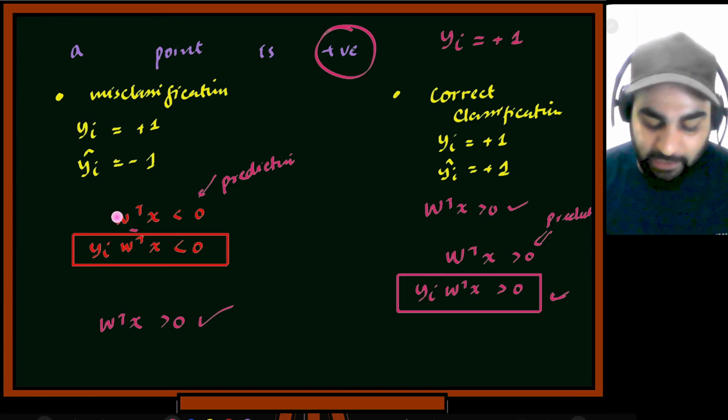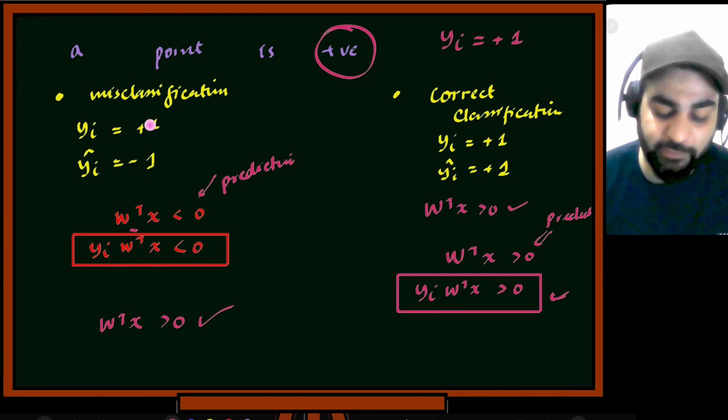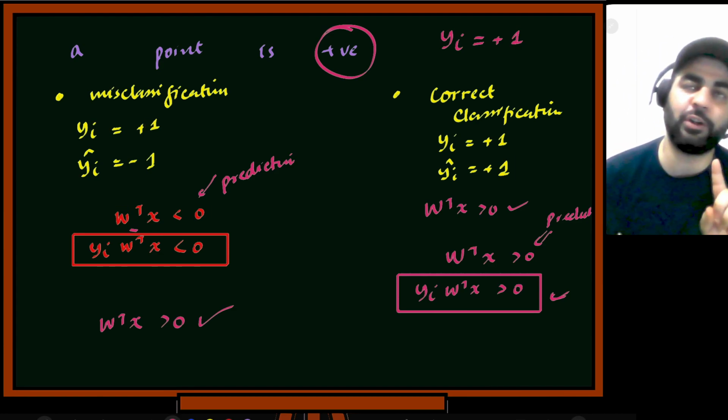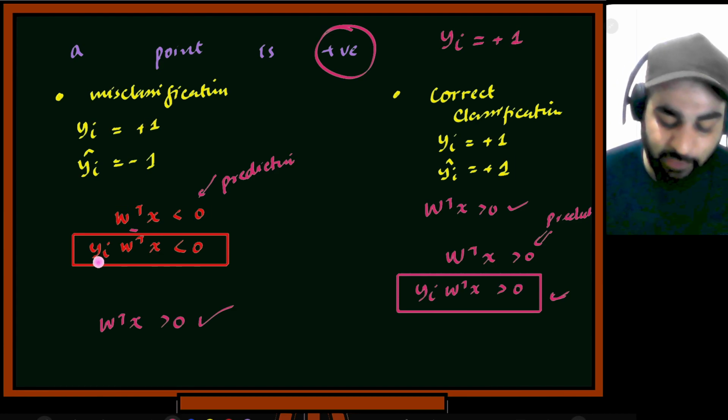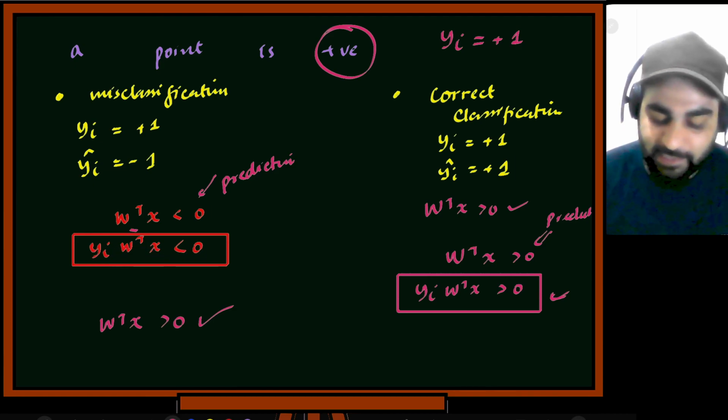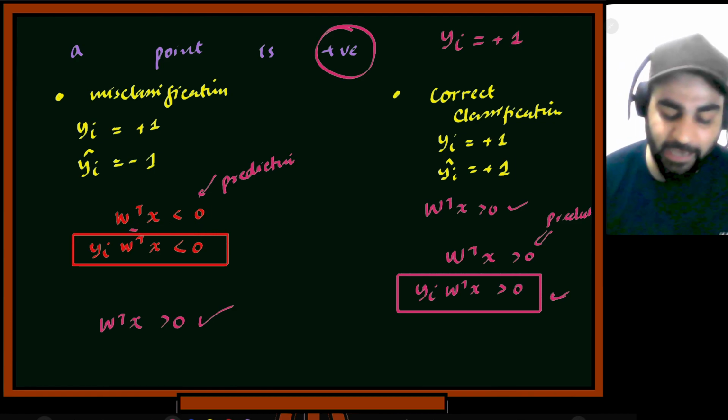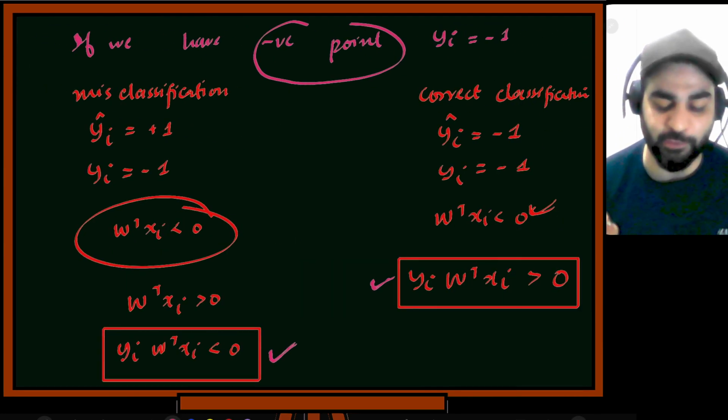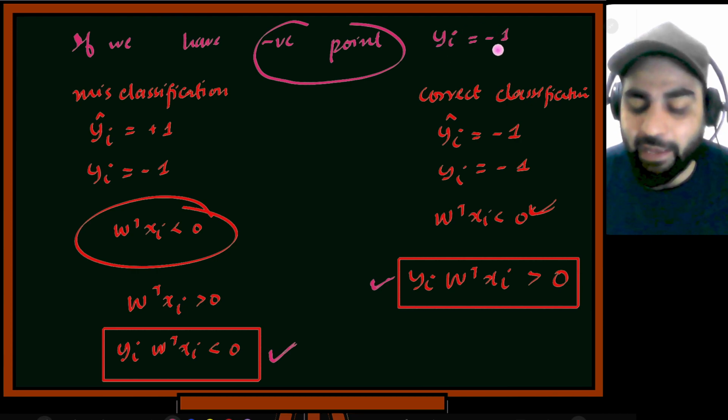So this is our negative quantity, and then we have the positive quantity. If you multiply a positive quantity and a negative quantity, it will be a negative quantity. That's what I wrote here: yi w transpose x is less than 0. So for misprediction, this equation holds. Again, we'll go to the misclassification in the negative class. For the negative class, yi was -1.